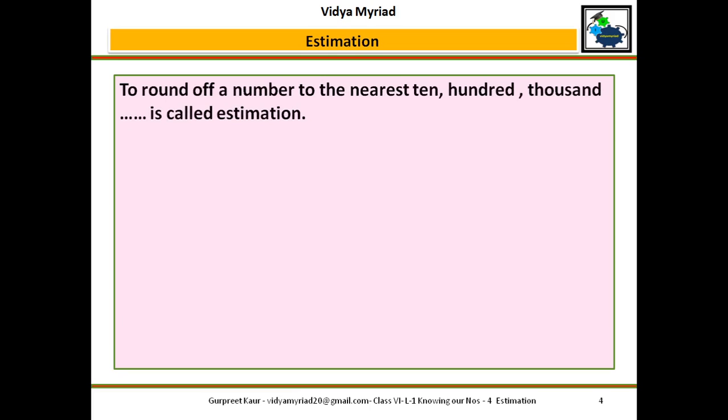Now, first of all, what do you mean by estimation? Whenever we talk about numbers in tens or hundreds or thousands, we are rounding off, okay? And that rounding off is known as estimation, and that is based on one simple rule. We will just look into the numbers on the basis of 5.